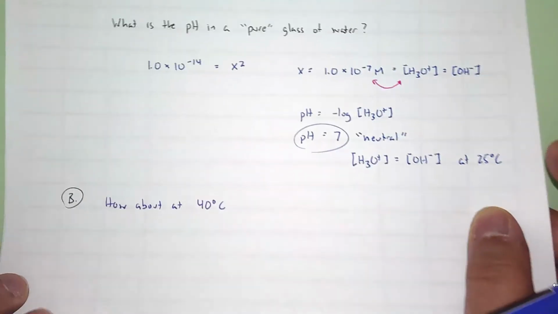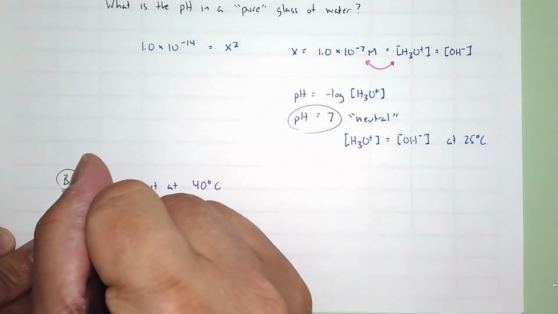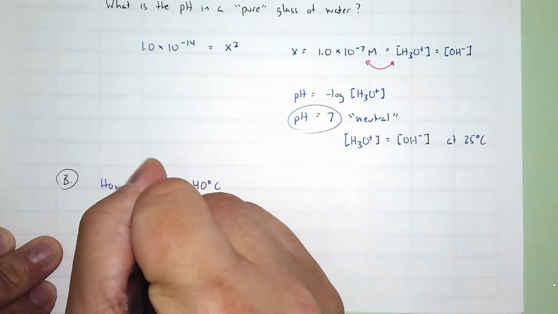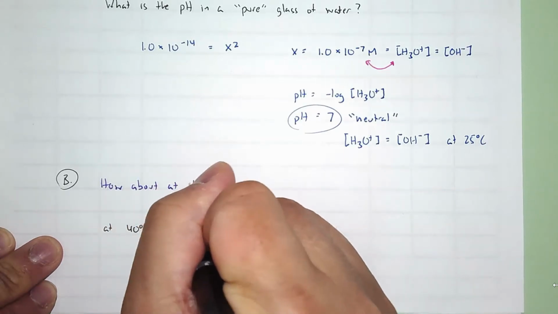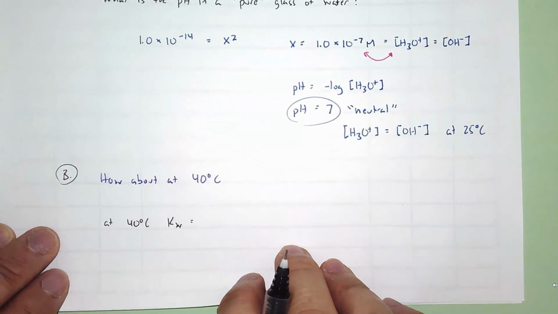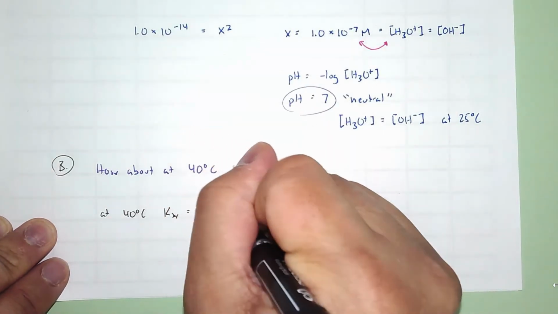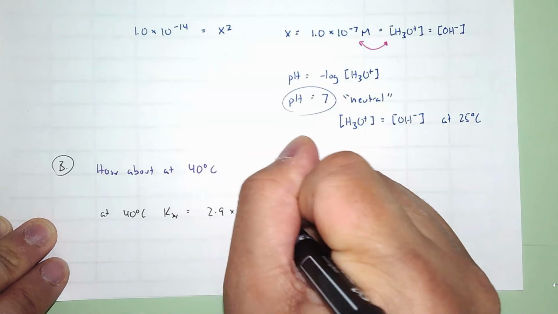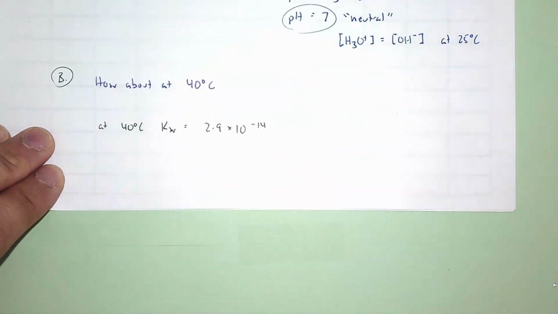I looked it up, and the Kw at 40 degrees, Kw equals, let me find it real quick, 2.9 times 10 to the minus 14. Okay? So what is the question?